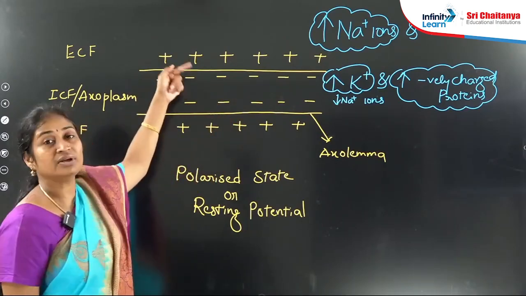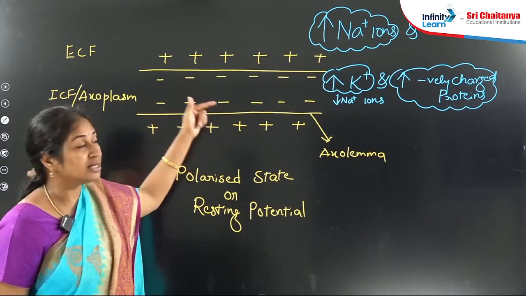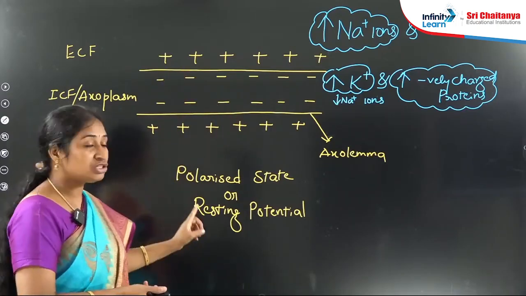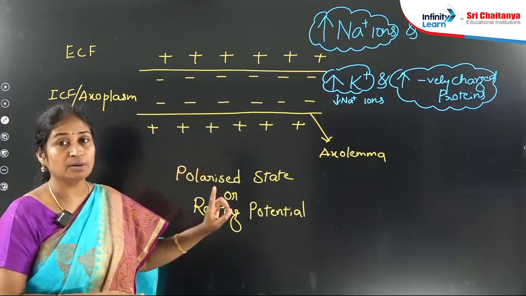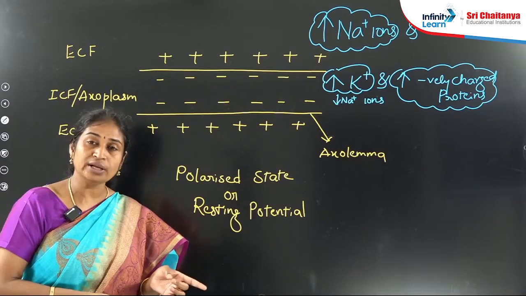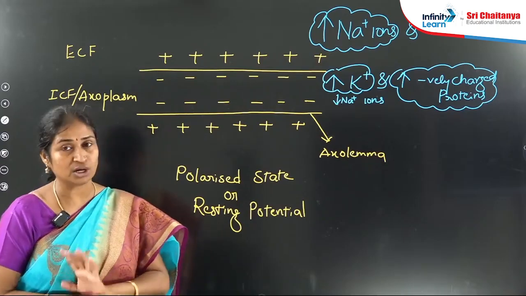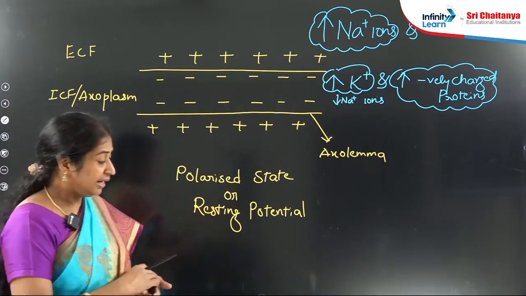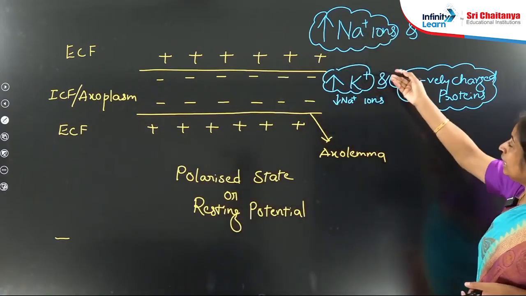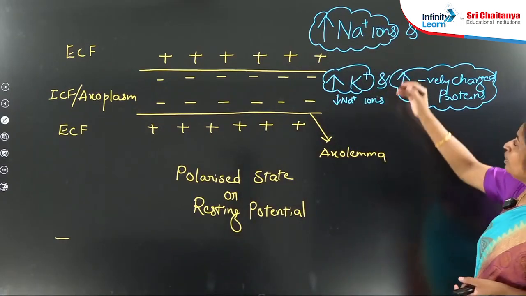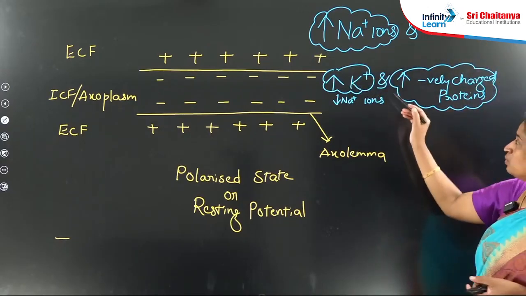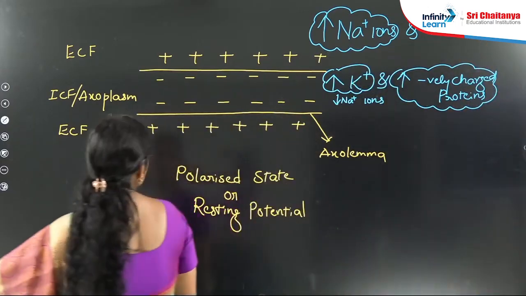The reason depends on permeability. During resting stage, the membrane is permeable to only potassium but nearly impermeable to sodium as well as negatively charged ions. As a result, there is more sodium outside and less inside, but potassium is more inside and less outside, as well as proteins. This is known as polarized state.